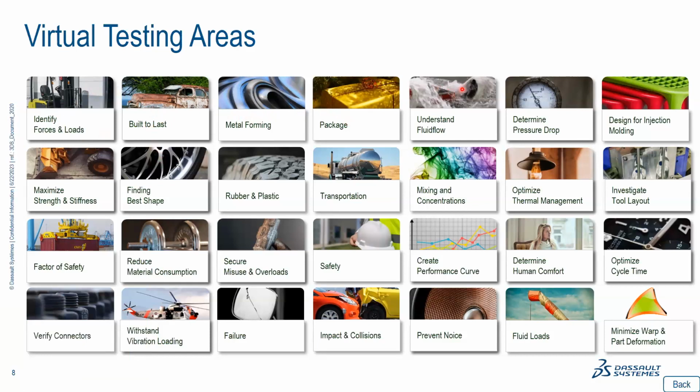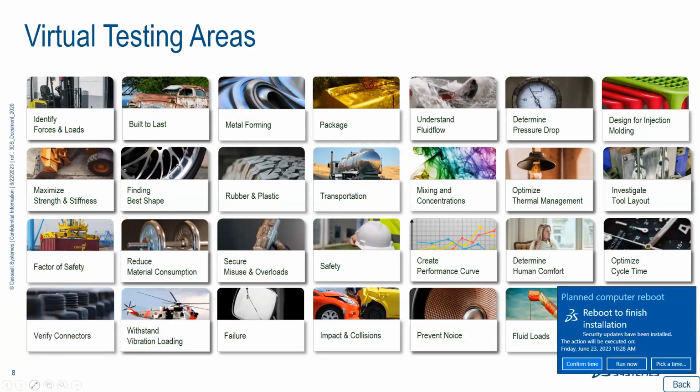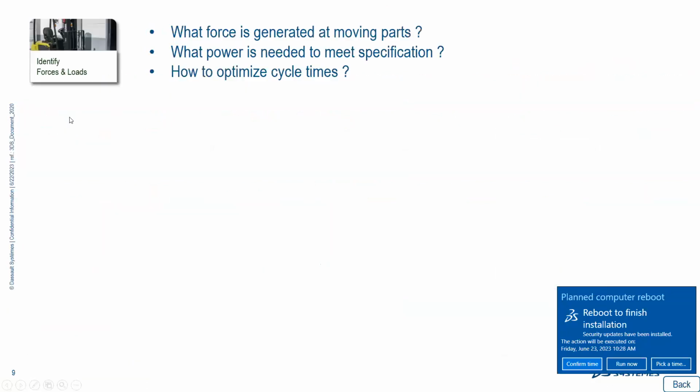Then these two columns here are more on fluid simulations. And the last column we can see here is more on what we call plastic injection simulation. So let's start with the first type of virtual testing area we can have, which is identifying forces and loads.